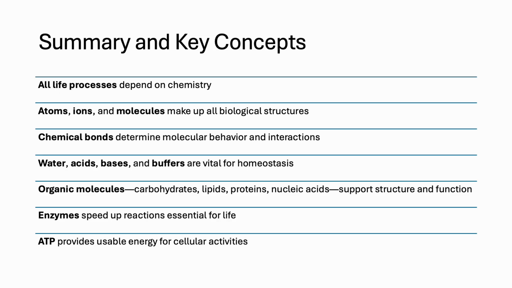Water's unique structure supports nearly all biological processes, and maintaining the right pH through acids, bases, and buffers is critical for function. Enzymes ensure the reactions happen fast enough to sustain life, while ATP provides the energy to make it all happen. Mastering these concepts will help us make sense of every physiological system moving forward.